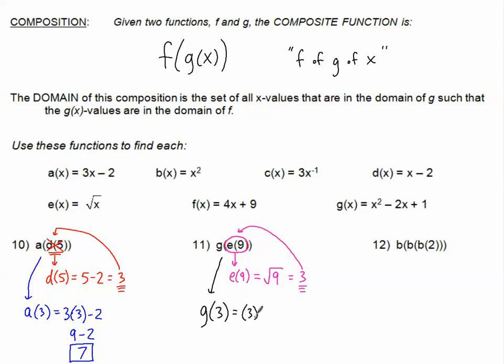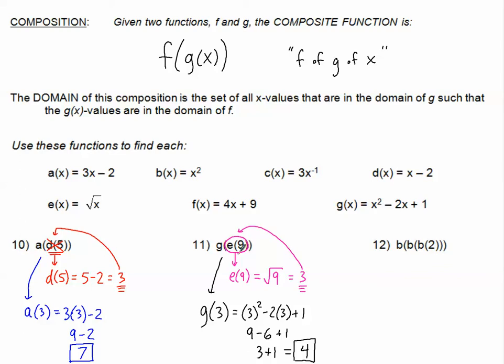So 3 squared minus 2 times 3 plus 1. Look at it again: input squared, minus 2 inputs, plus 1. That equals 9 minus 6 plus 1. That equals 3 plus 1. That equals 4. Awesome.